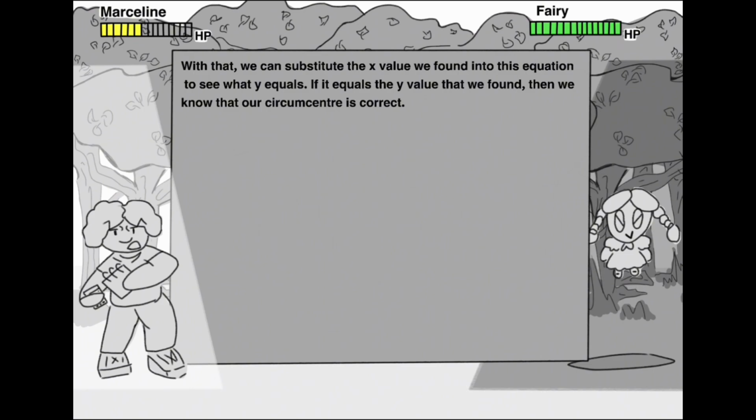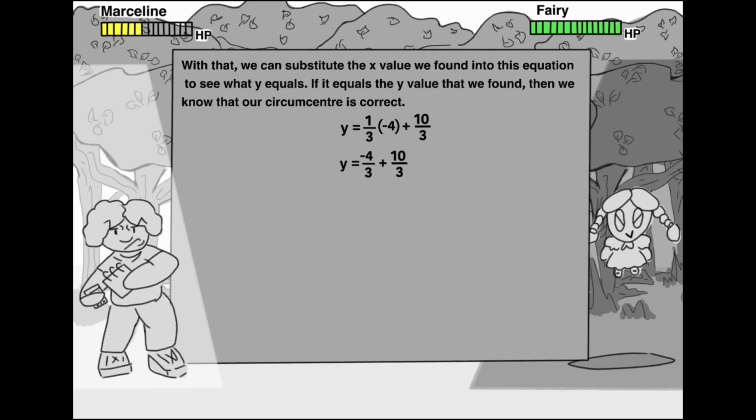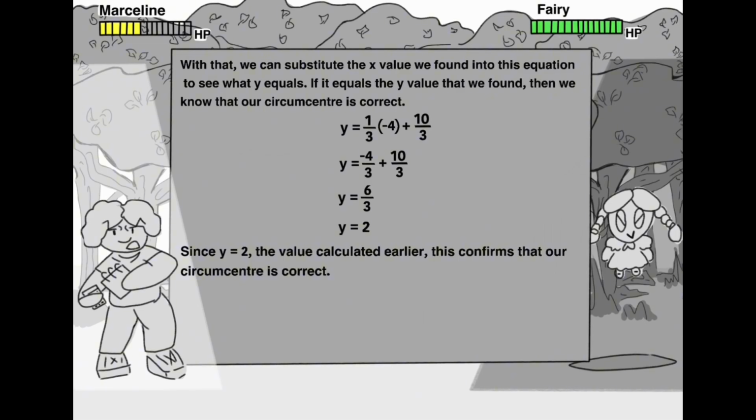With that, we can substitute the x value we found into this equation to see what y equals. If it equals the y value we found, then we know our circumcenter is correct. Since y equals 2, the value we calculated earlier, this confirms that our circumcenter is correct.